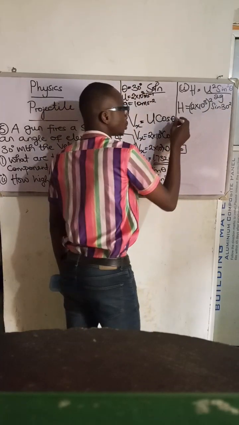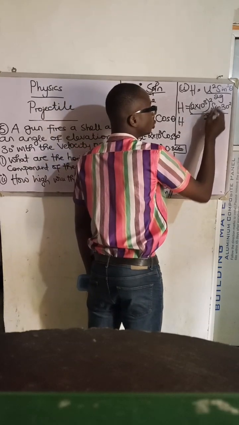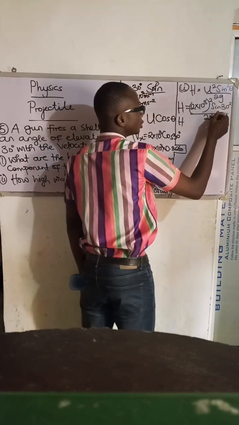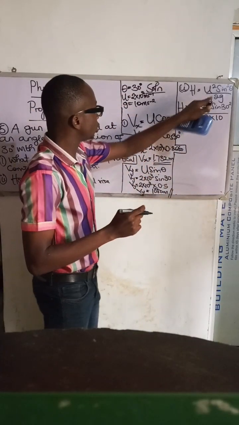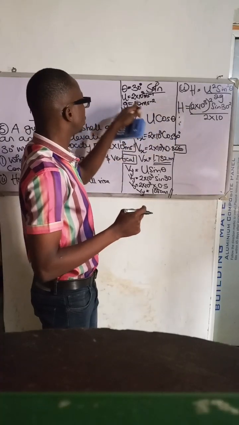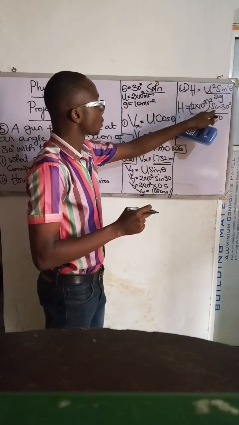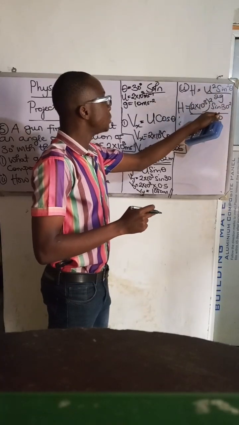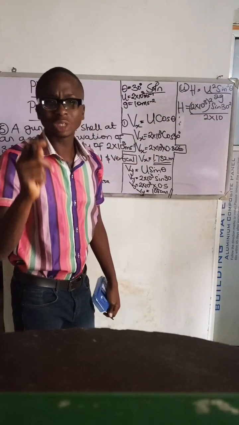Please take note. All over 2g. G is what? 10. Please follow me. I just have to input everything into this formula. U is 2 times 10 to the power 3, and I made it square because of this square. Sine square theta means sine 30 squared. Please take note. That is how you solve it.